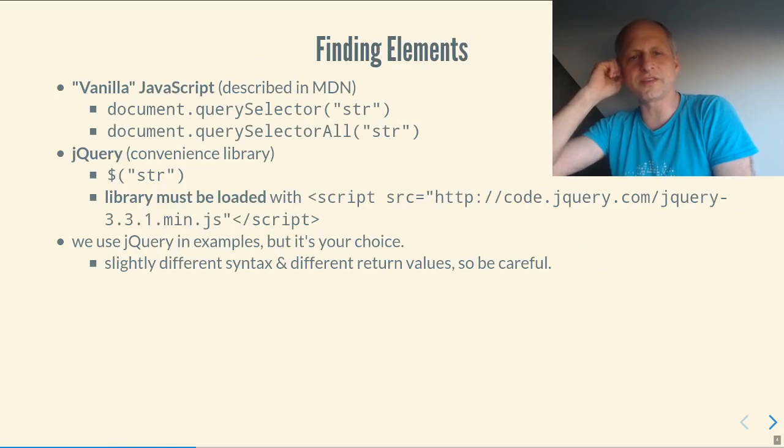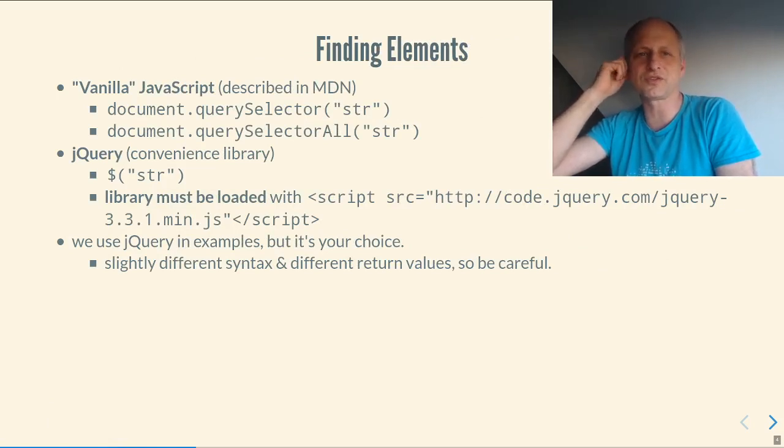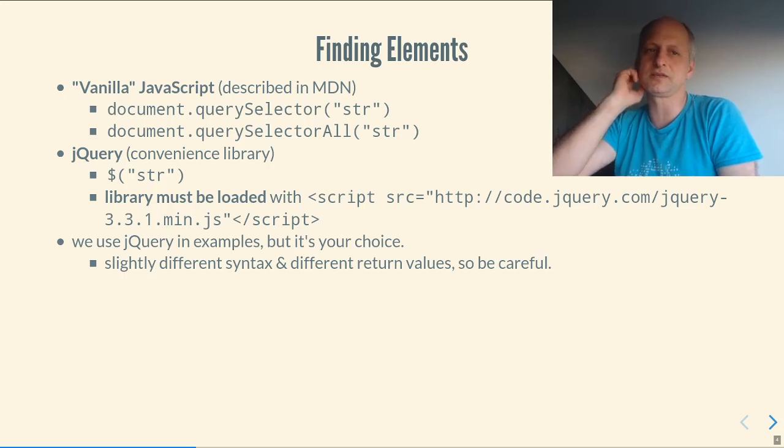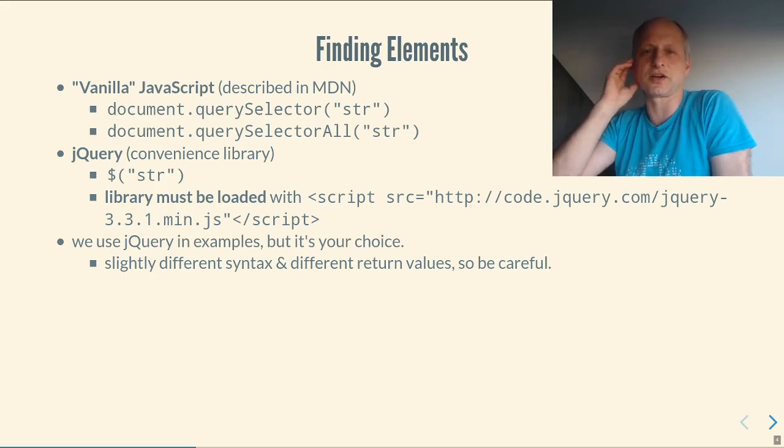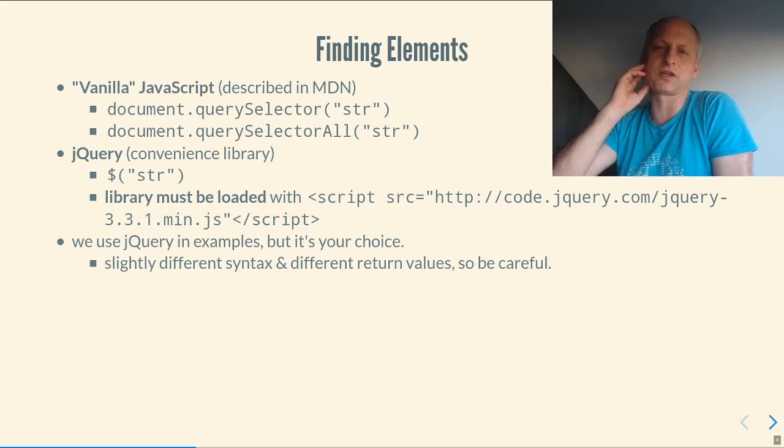For everything that we're learning to do today, there are two ways to do it. One, and in some ways the better way, is to use the native built-in features of the JavaScript language. But for a long time, though this is becoming a little bit less common now, many people instead used a set of convenience functions in a very widely used library called jQuery.